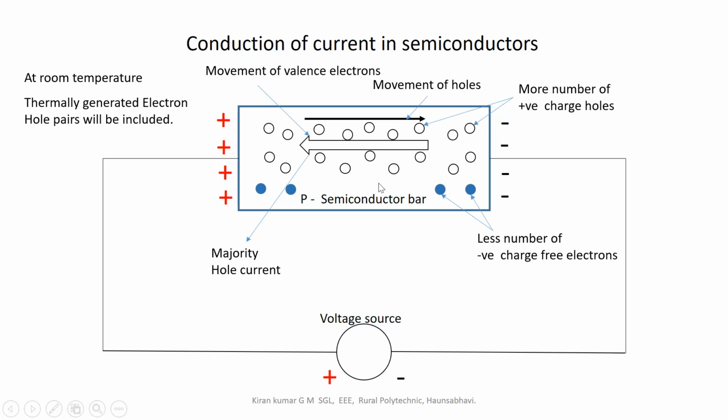And this huge current is due to the large number of holes which are present in the p semiconductor bar, and is called as the majority hole current.